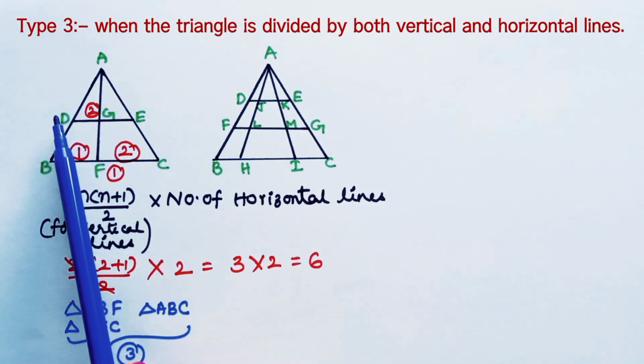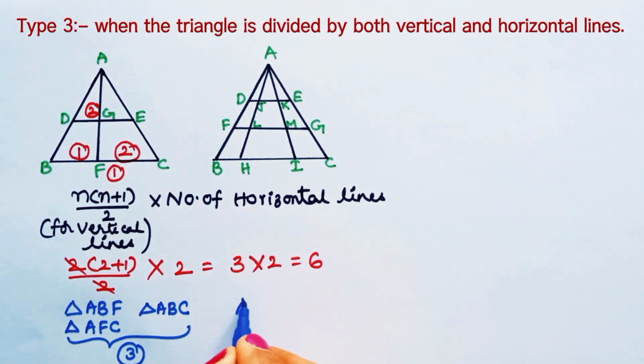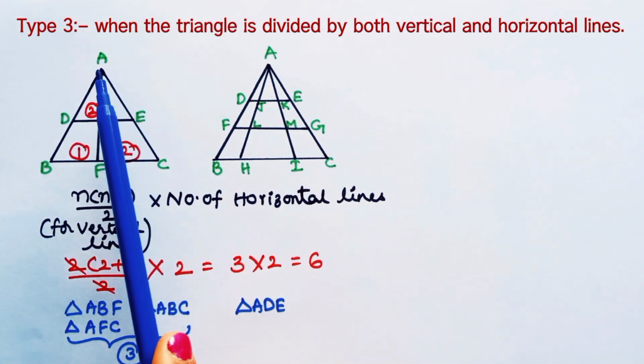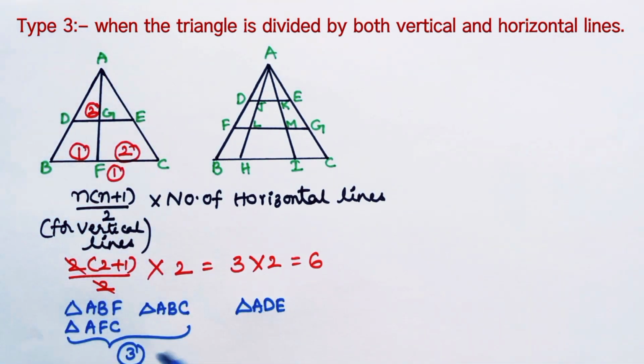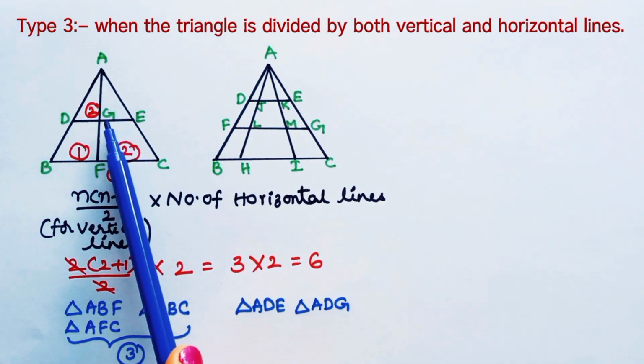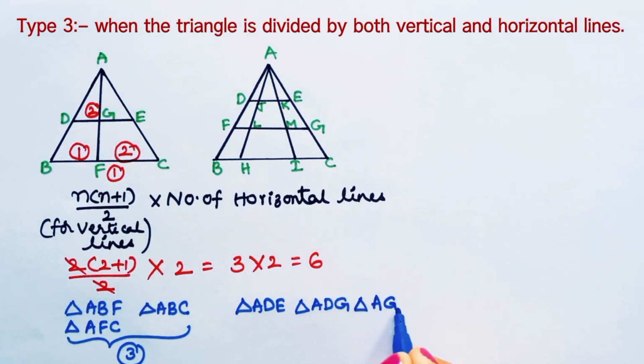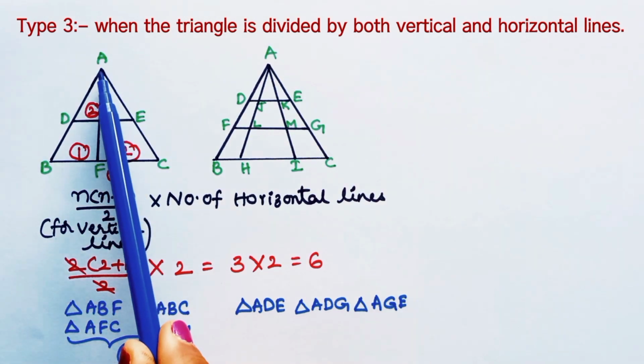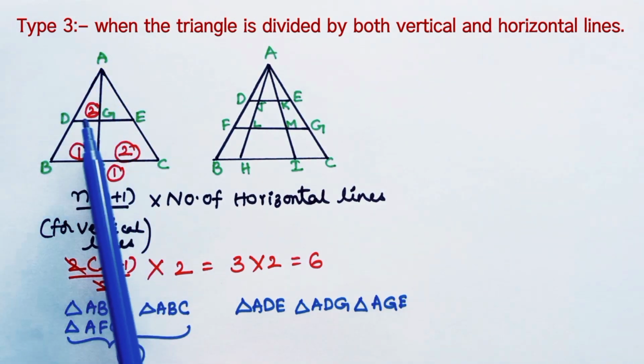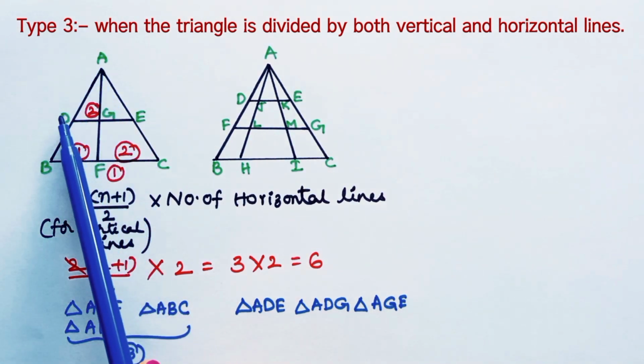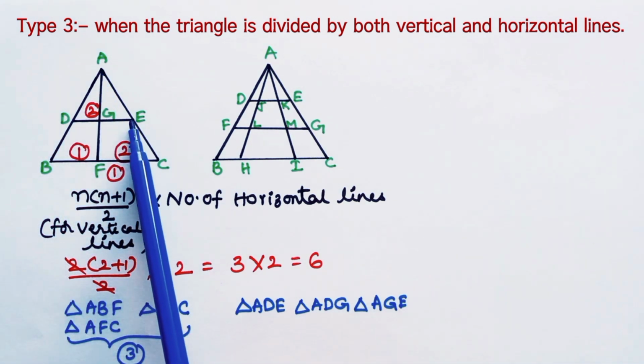The triangle ADE, triangle ADG, and triangle AGE. So here in this smaller triangle ADE, there are ADG, AGE and ADE. 3 triangles.